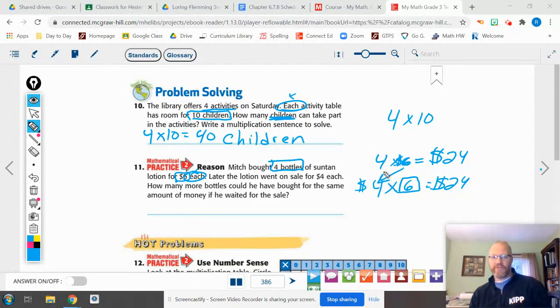So we switched our facts. So now instead of 4 bottles, we have 6 bottles. The facts stayed the same, 4 times 6. It's the dollars versus bottles that switched. So how many bottles could he buy? With $24 and $4 each, he could buy 6 bottles.